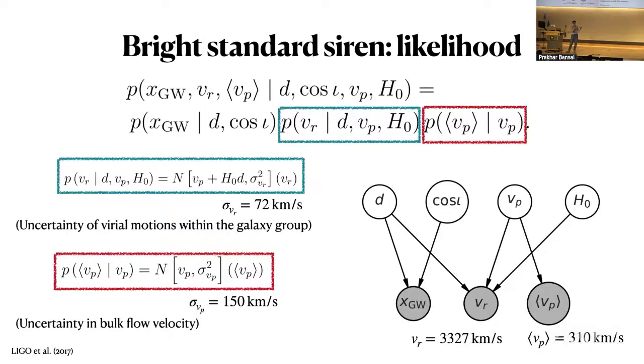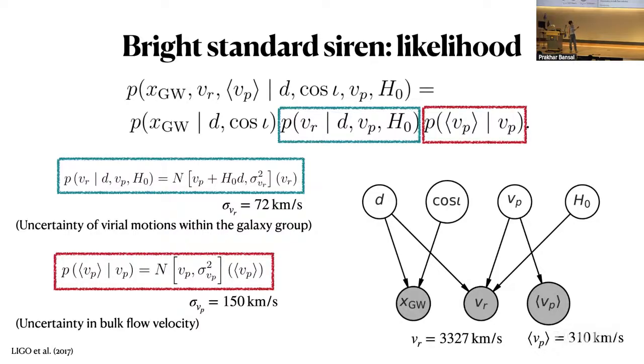So we took this measurement of the recessional velocity. This is the measured recessional velocity of the galaxy group containing NGC 4993, the host galaxy, and that's taken from the 2MASS survey. There's a paper that fits for the virial motions of the galaxies in that group, and so that's the recessional velocity of this particular host galaxy.